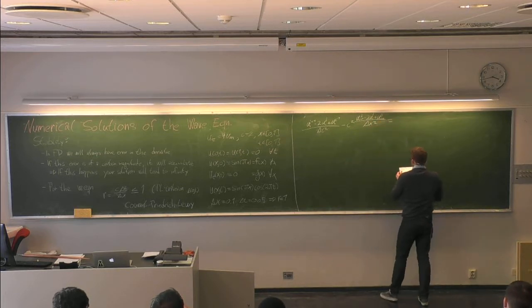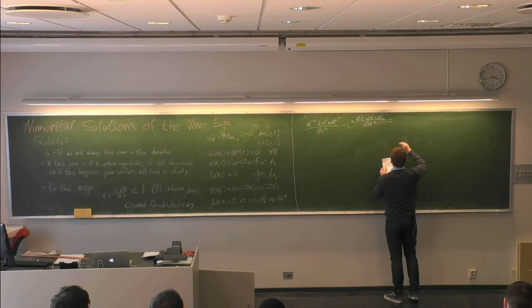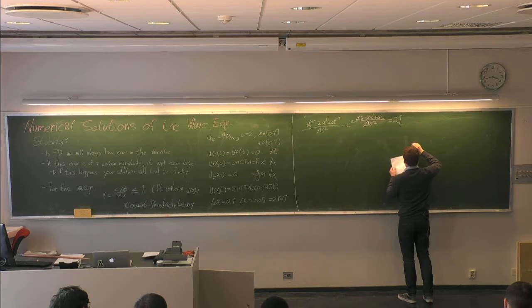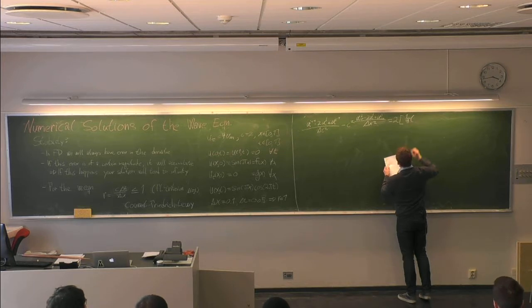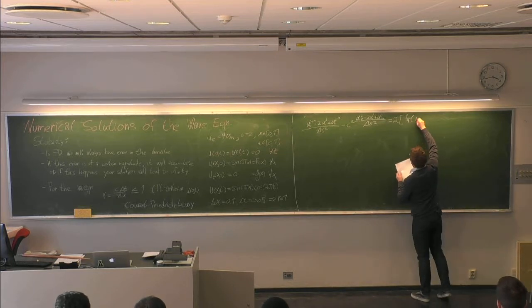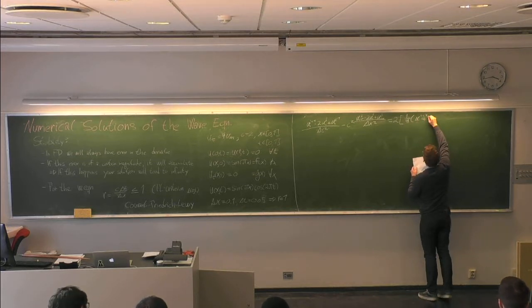But this time we're mostly interested in the error. So this is the 2 I forgot last time. Over 4 factorial, delta t squared, dt^4 u of x_i, t_j.